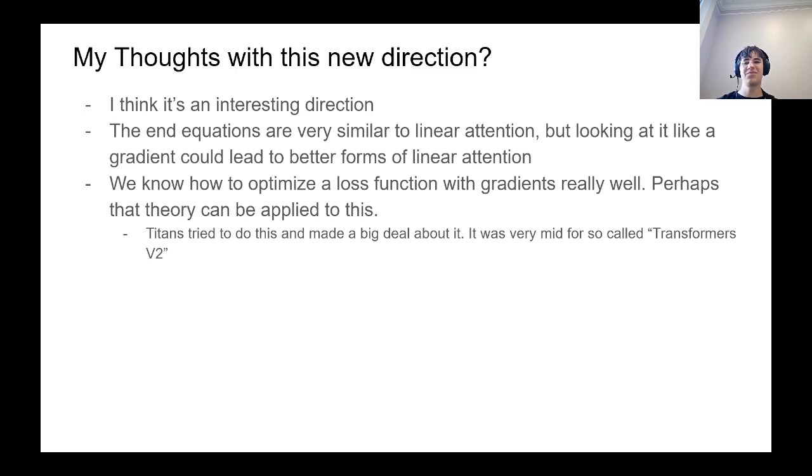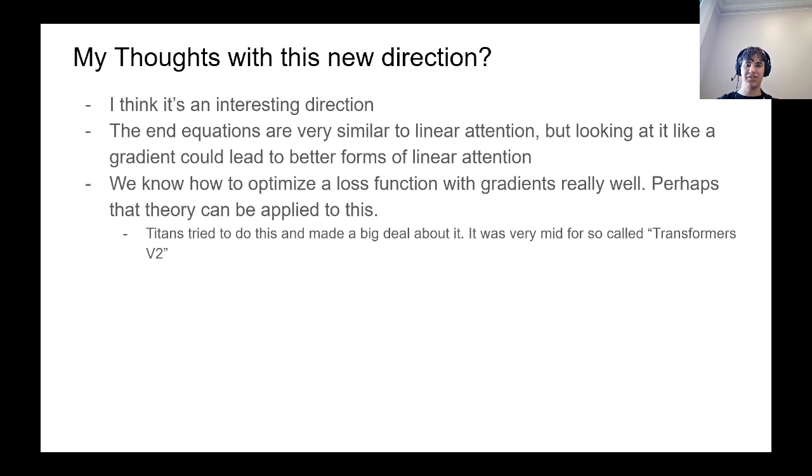But Titans is not Transformers V2. Anyways, besides the annoyance, there are things trying to use this method, and this method is very, very new. It comes from a paper called Learning to Learn at Test Time.